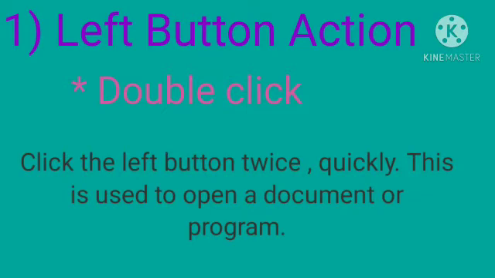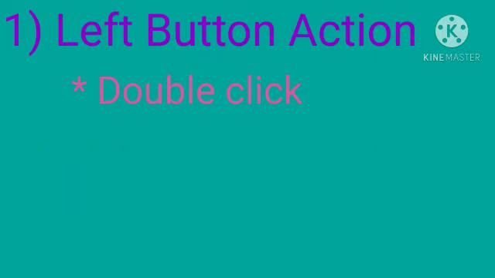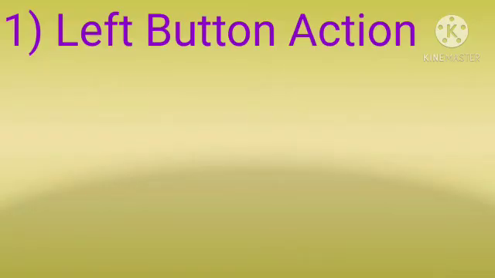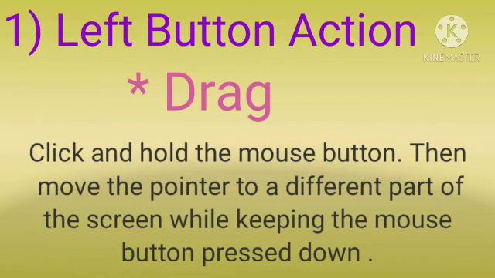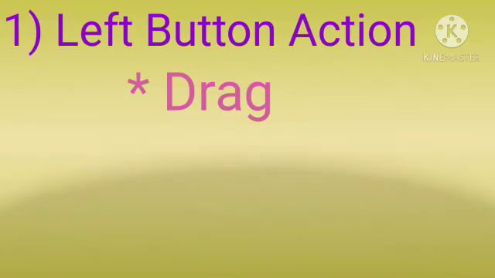Double click means to quickly press the left mouse button twice. This is used to open a document or program. Next action is drag. To move an item or object by holding the left mouse button to a new place on the screen is called dragging.